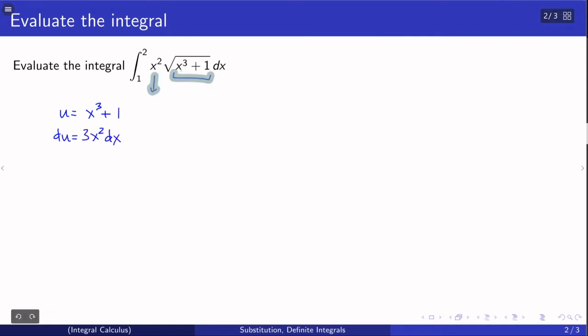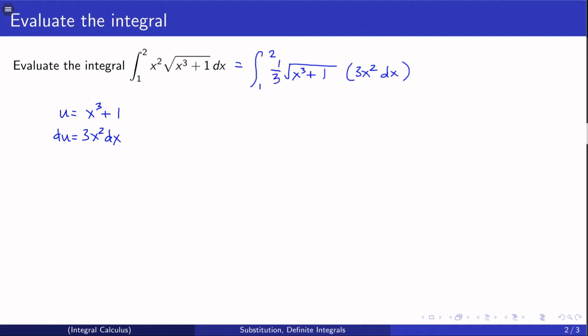Right? And so remember what we have to do here. We have to rewrite the integral with your du, which is 3x squared, together with the dx, just so it's clear that that whole thing becomes your du. And then we had to multiply by 3 to get to the correct term here, so we have to divide everything by 3 as well, so we don't change the function inside.